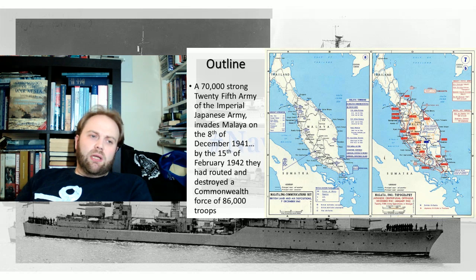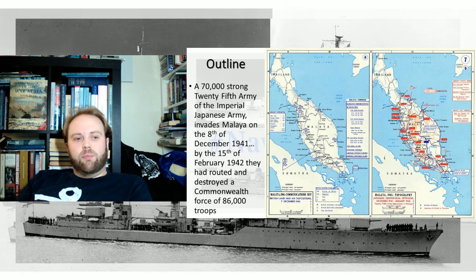You can see there are areas which are very, very difficult to move through, and areas which are less difficult to move through. You can also see where the British and Commonwealth forces do try to establish a defensive perimeter in Johor before Singapore, a long way before Singapore. That would actually have been a fairly good defensive perimeter, and you could have done it.